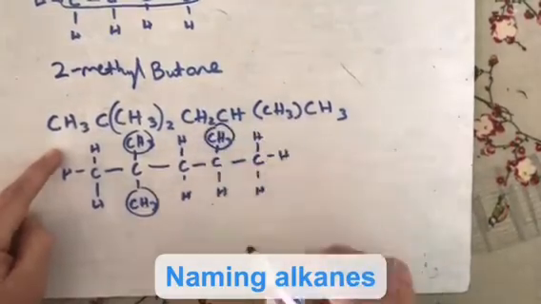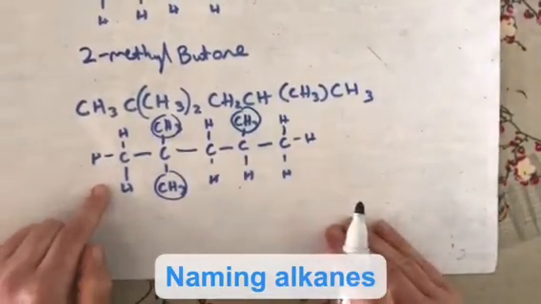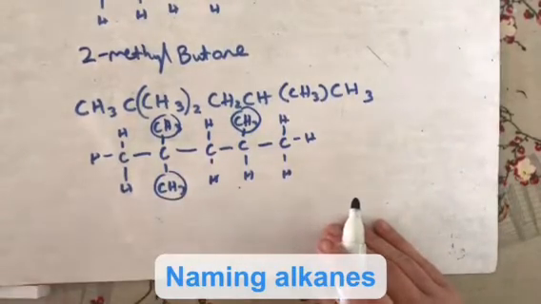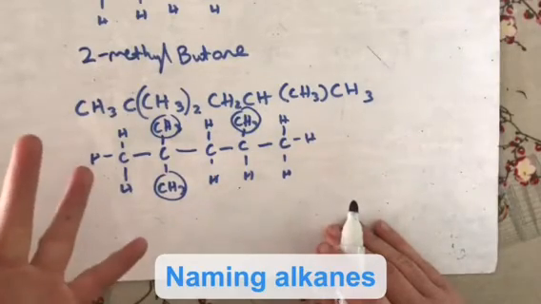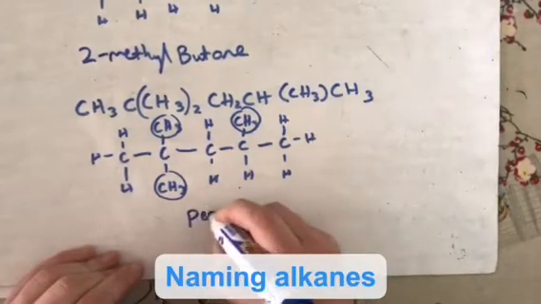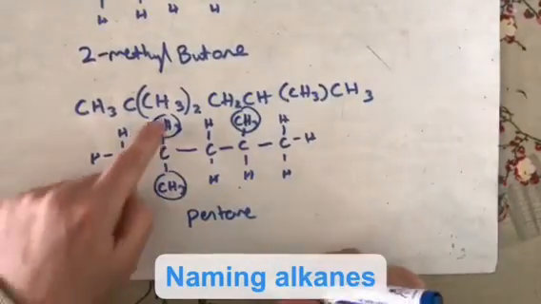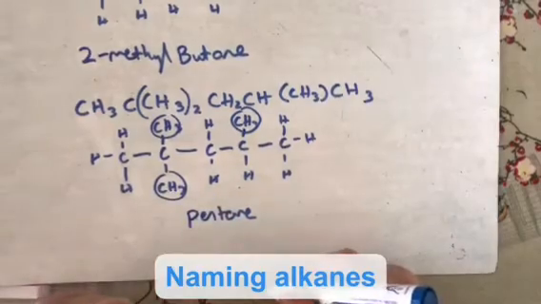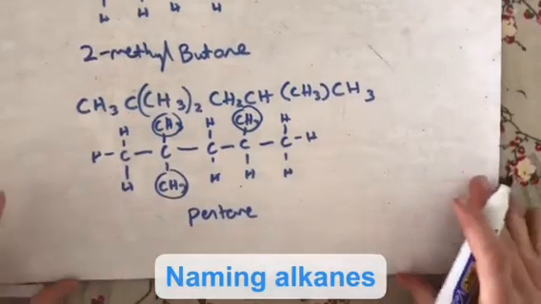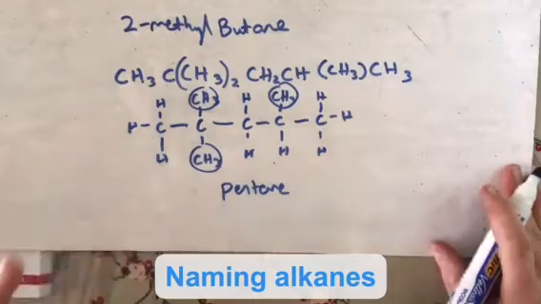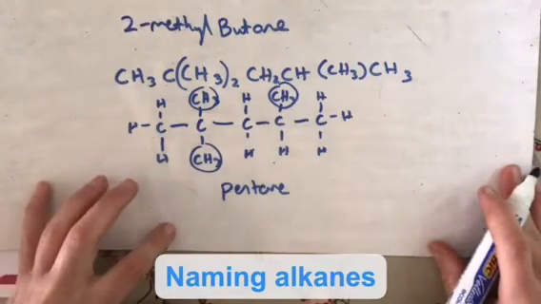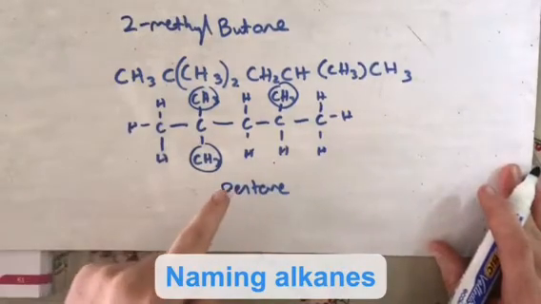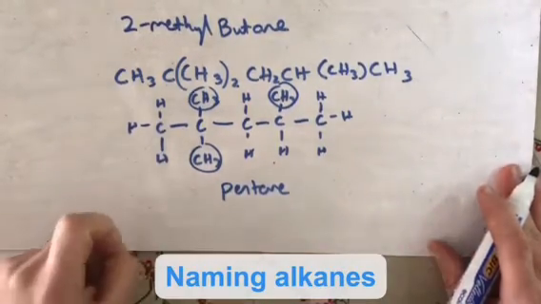Okay, so let's first of all give the root of this alkane a name. So there's 1, 2, 3, 4, 5 carbons. So methane, ethane, propane, butane, pentane. Okay, so pentane will be the root of the name, and now we have to tell another scientist obviously where these methyl groups are present. Okay, now there's 3 of them. All right, so there's going to be trimethyl, and we have to give the carbons that they're on. Now we have to number this so that the methyls have the lowest number, okay?